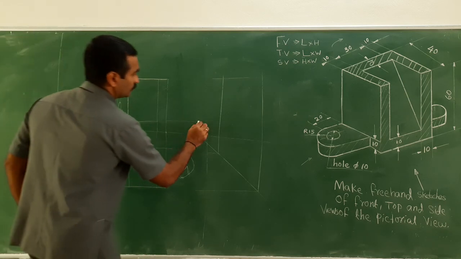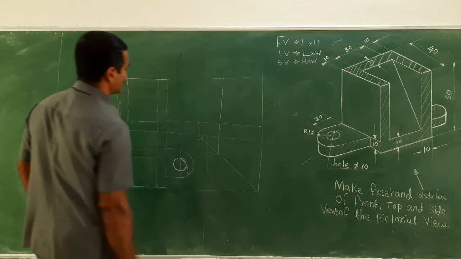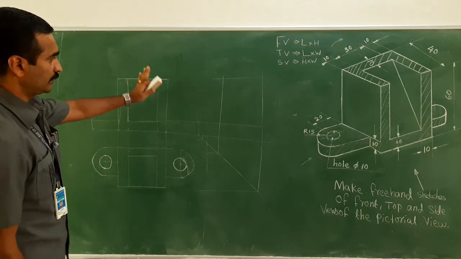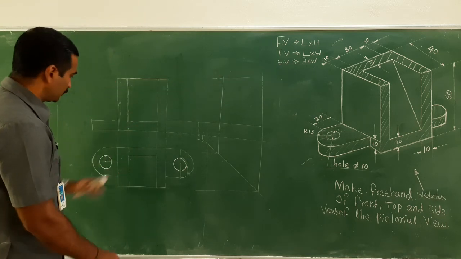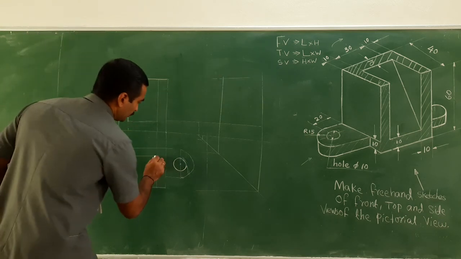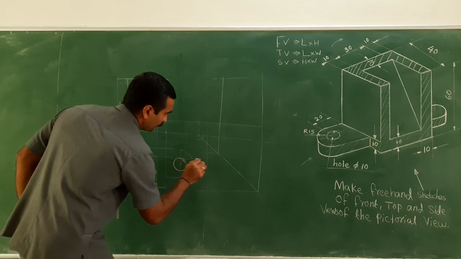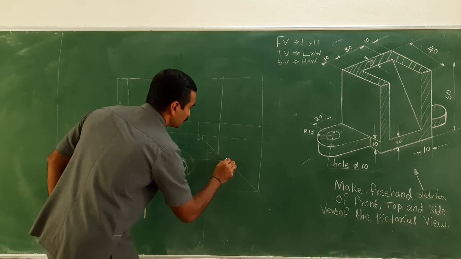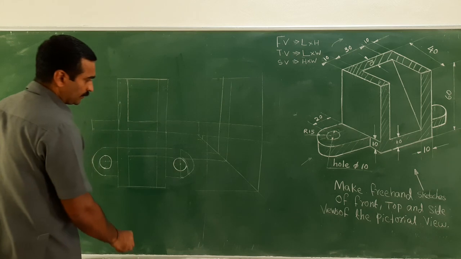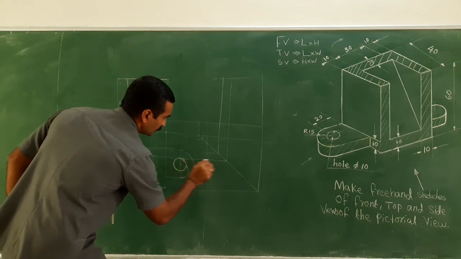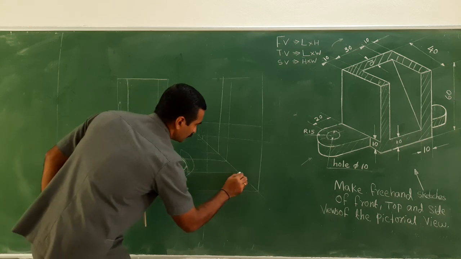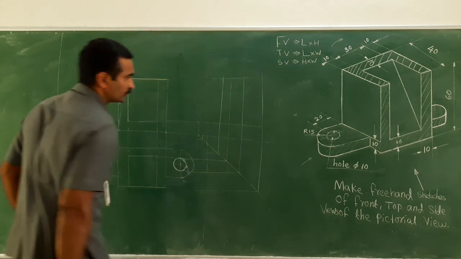From the front view, let me just extend this line. So only one line, right? So this top is covered in the boundary. Now this information is to be passed on. So draw a vertical line, right? Then this dia to be transferred here, fine.